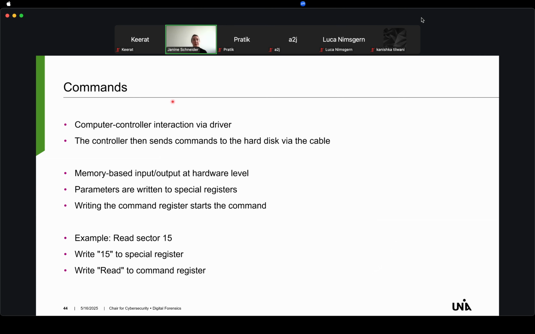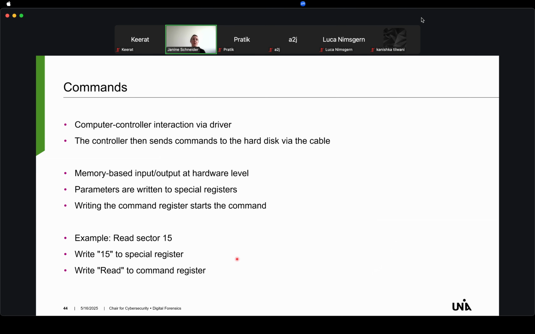Okay, we have several interesting interface commands. Yeah, so the computer interacts with the controller or the interface via drivers. This is why we actually have them. The controller sends a command to the hard disk via the cable to access the storage. Yeah, I think we don't have to go very deeply into that slide.